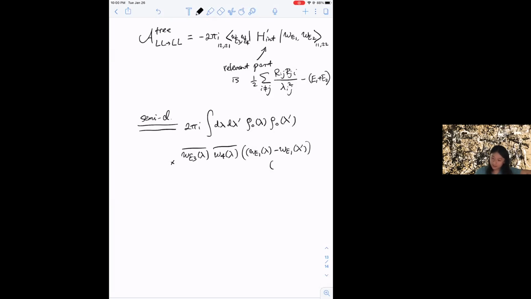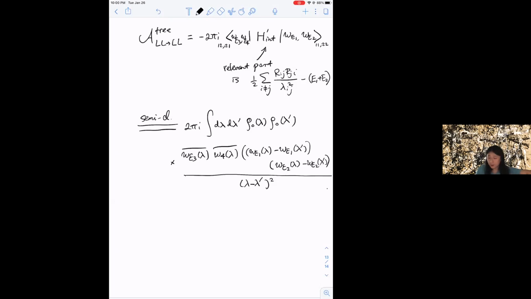Recall it's the same kind of factor that appears when Rij acts on the wave function, as I showed in the earlier example of the single long string case. Over lambda minus lambda prime squared.